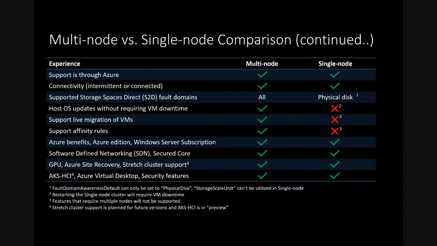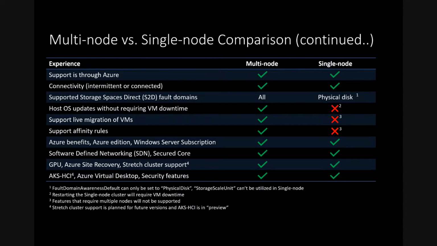But other things like Azure benefits, all the HCI benefits, all the support, for example, for Windows Server 2022 Azure Edition or Windows Server subscription, are all the same. GPU support is the same. SDN is supported.